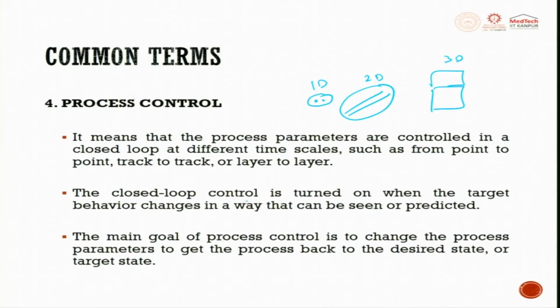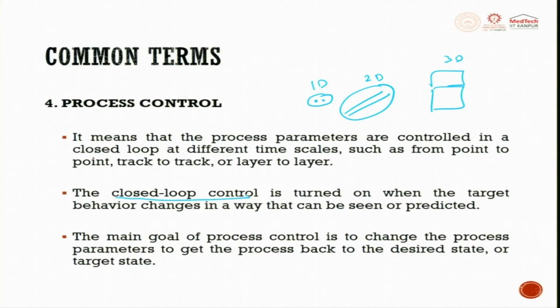The closed loop control is turned on when the target behavior changes in a way that can be seen or predicted. This is why we use the closed loop control system. Closed loop control systems even today are in the research stage. Certain machines have them, but many of them don't.